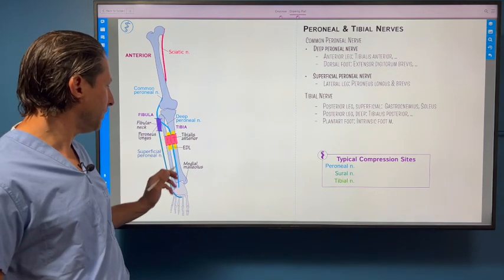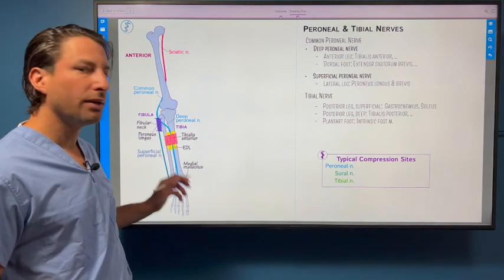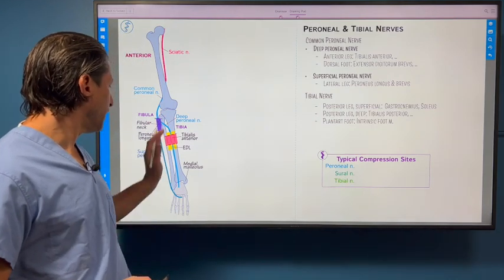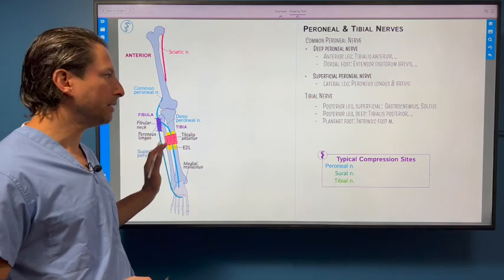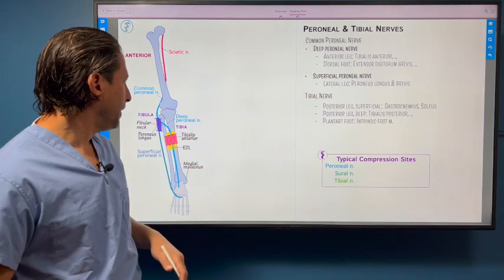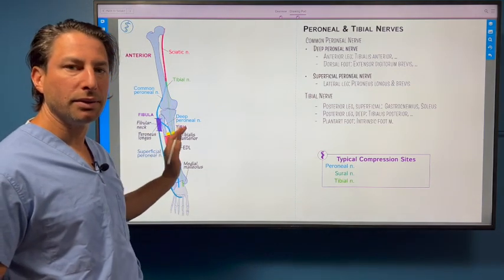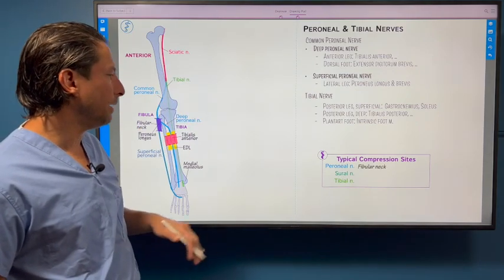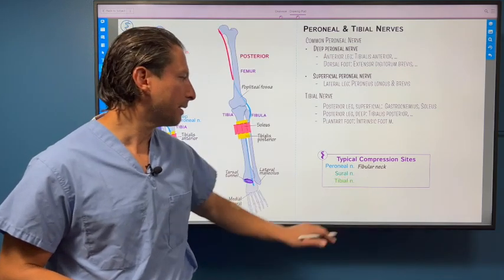Deep peroneal nerve comes down anteriorly here, innervates tibialis anterior for dorsiflexion of the foot, and then has a superficial branch that innervates lateral musculature, so peroneus longus and brevis out there. And then when it comes to the tibial nerve, it's going to remain posterior, so we don't really account for it much on the anterior aspect of the leg here. So like we said, peroneal nerve, key compression site, fibular neck.